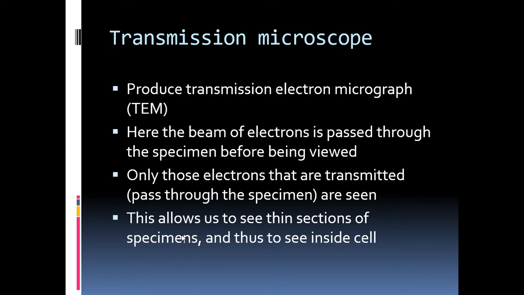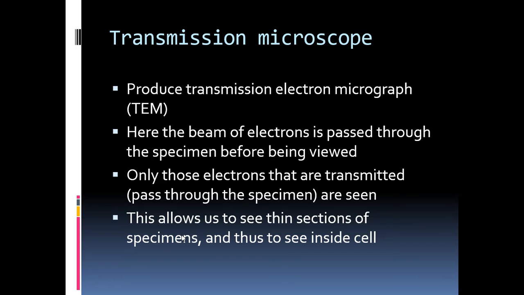Talking about the images produced by the microscope, there are actually two different types of image based on the type of electron microscope used. The first is known as a transmission electron micrograph, or in short, the TEM. In the transmission electron microscope, the beam of electrons is passed through the specimen before being viewed.